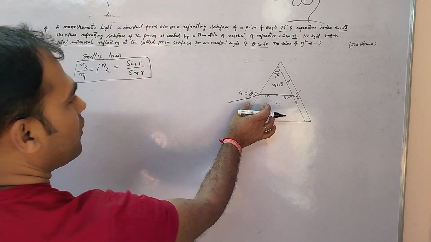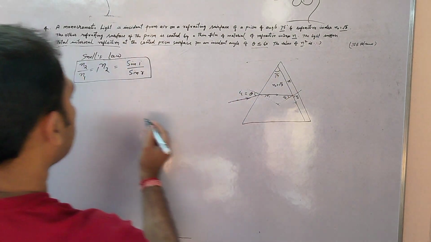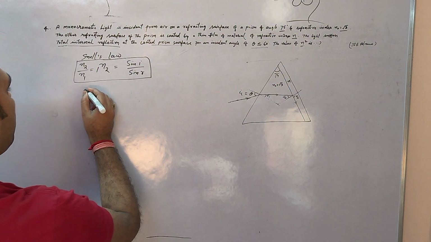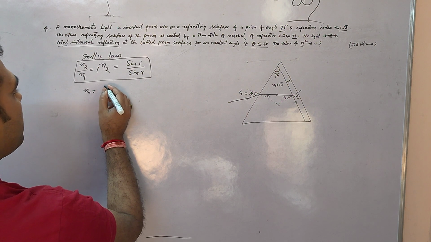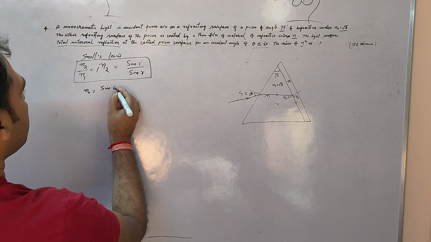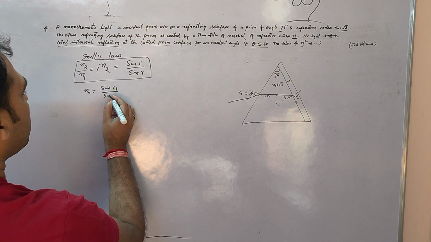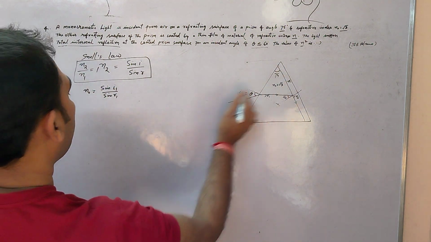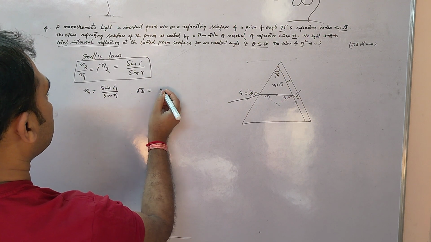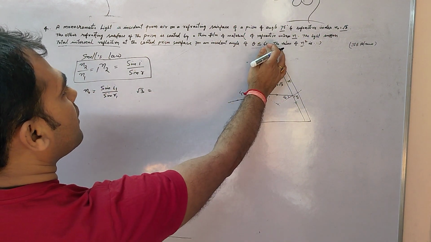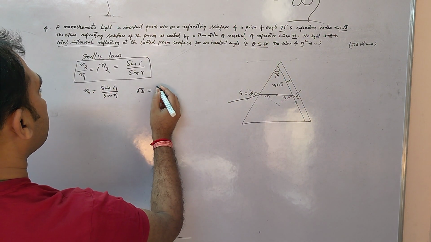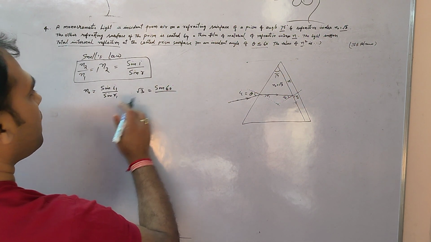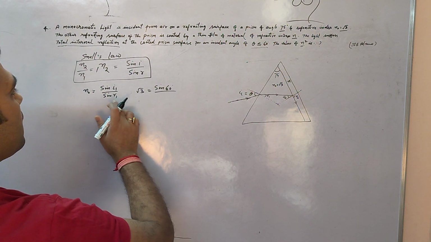So let us consider this surface. sin i1 upon sin r1 equals n naught, and the value of n naught is √3, so √3 is equal to sin 60 degree upon sin r1.